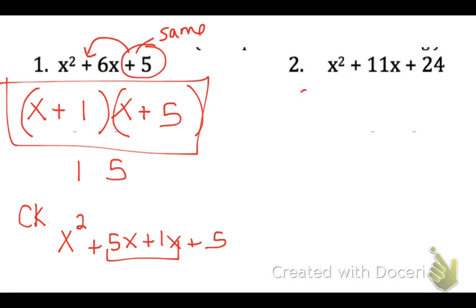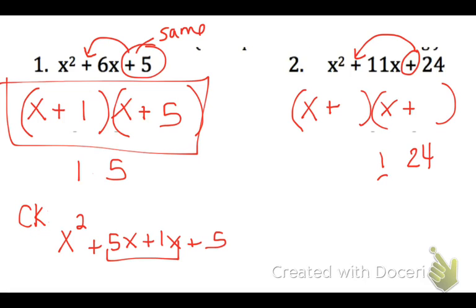In number 2, again, two binomials. The only way to get x squared is x times x, and I need to look at this sign. Since it's positive, it tells me the signs are the same. Then I look here, and that tells me they're both positive. Now factors of positive 24 would be 1 and 24, 2 and 12, 3 and 8, 4 and 6, and I need a pair that would add to 11.